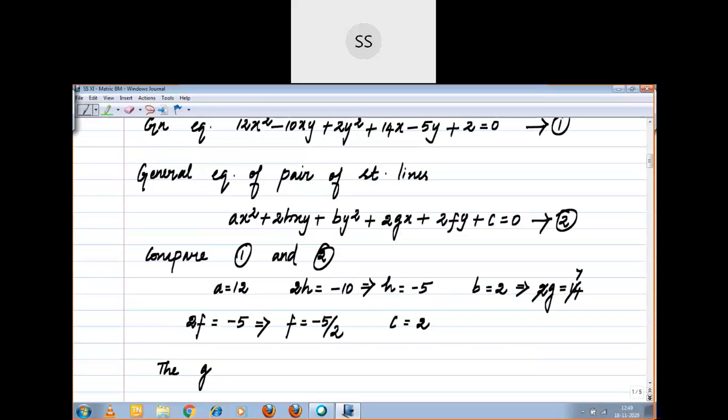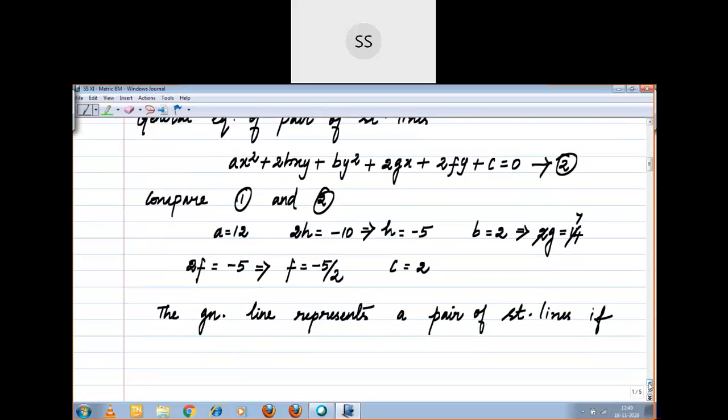The given equation represents a pair of straight lines if it satisfies the condition I said, right? What is that condition?